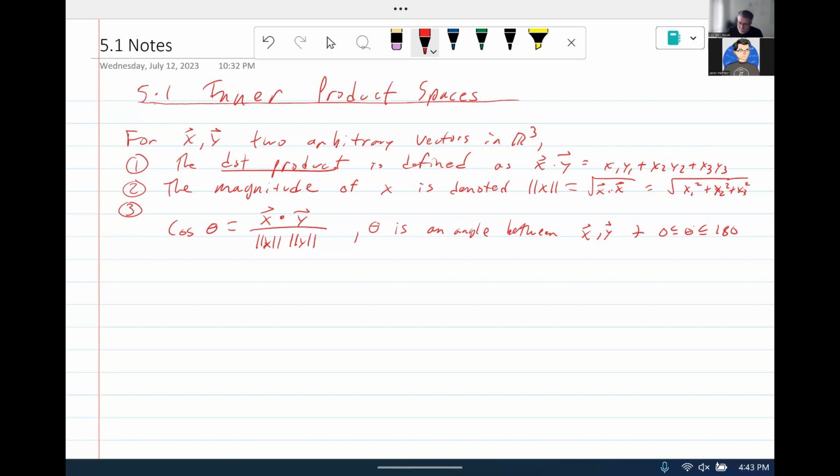We're looking for the minor angle, is what it's called, the minor arc. It's some angle between 0 and 180.